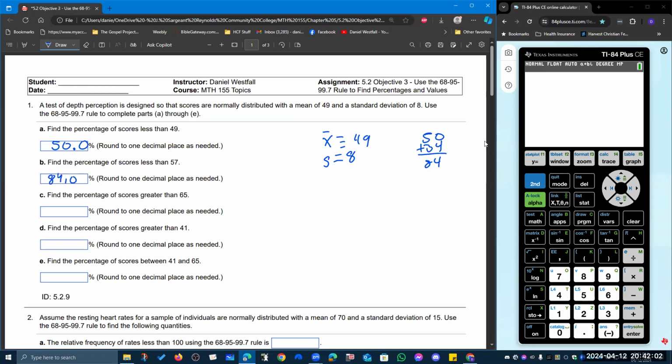Find the percentage of scores greater than 65. So 65 is going to be 2 standard deviations away to the right.